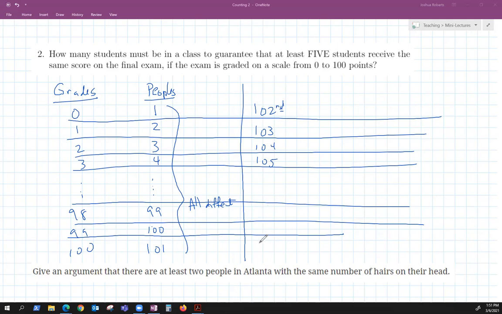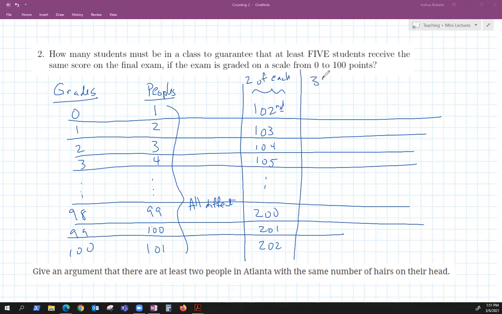This would be the 200th, 201st, and 202nd person. So I could have 202 people, and in this case, I could have 2 of each.